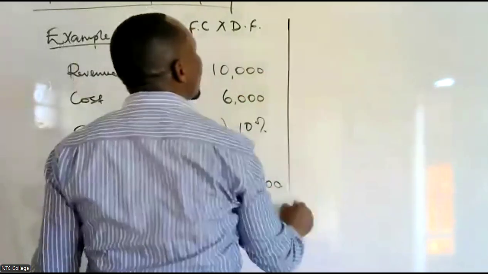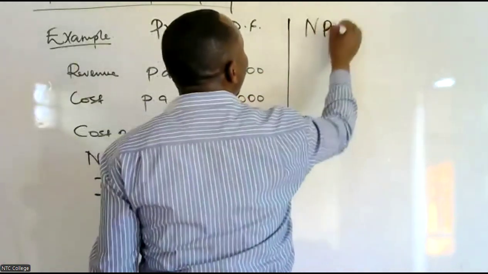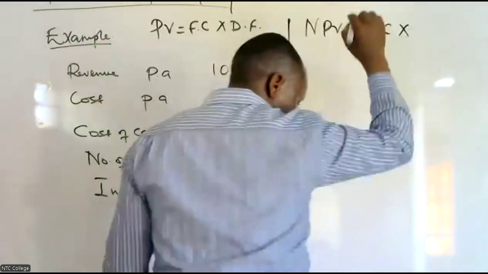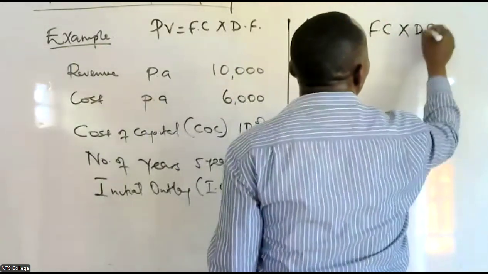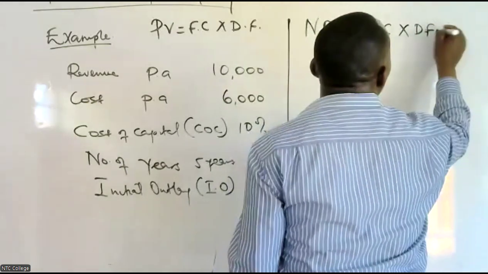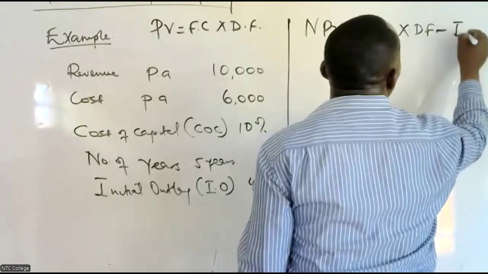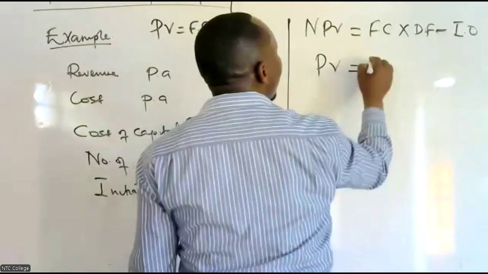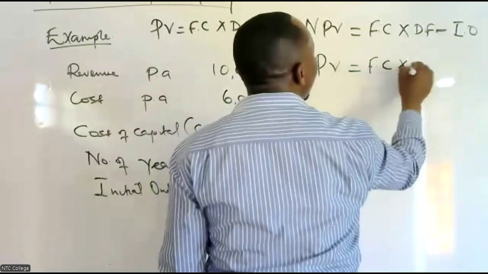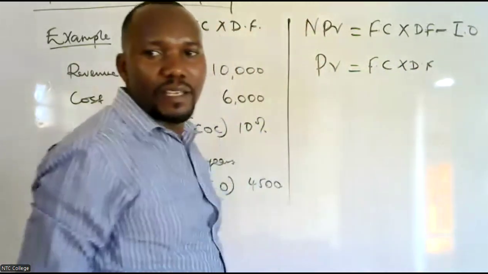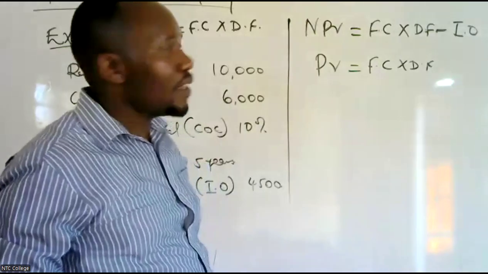NPV is equal to the free cash flow times the discounting factor, minus the IO, initial outlay. If you just say present value, it is just the free cash flow times the discounting factor. If you minus the initial outlay, then it becomes NPV.